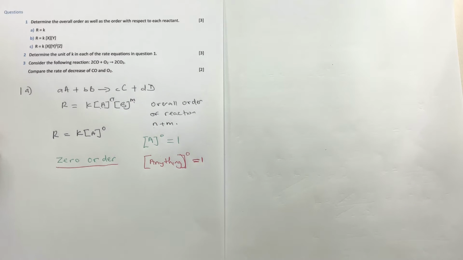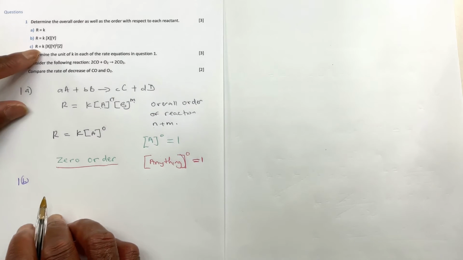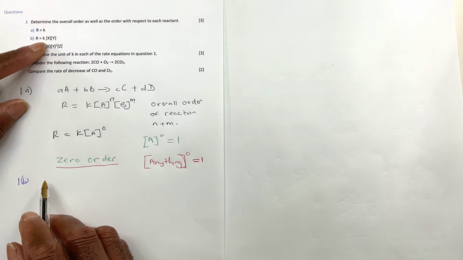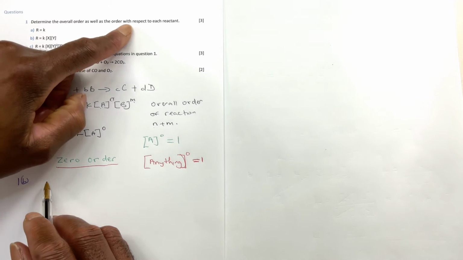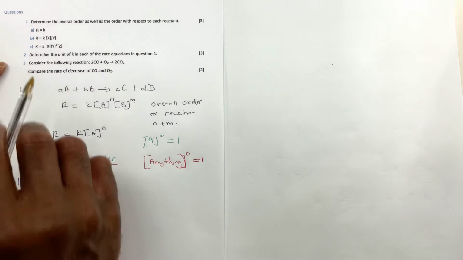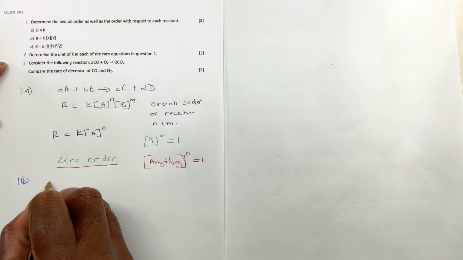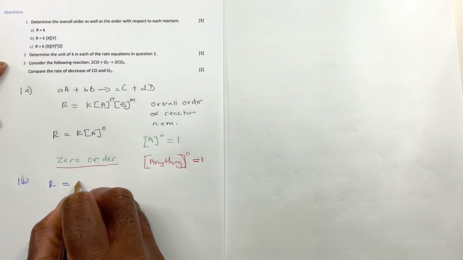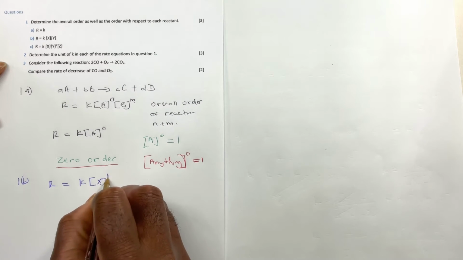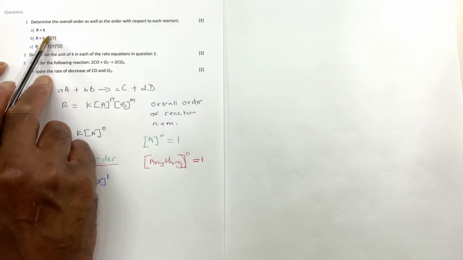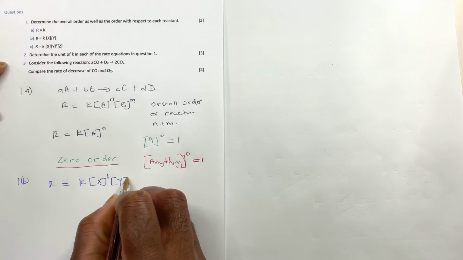So for 1B, we need to determine the overall order as well as the order with respect to each reactant. So these are the reactants for B, X and Y. So we have the rate equals k times the concentration of X to the power 1, because there's no value there, that means X to the power 1, and times the concentration of Y to the power 1.